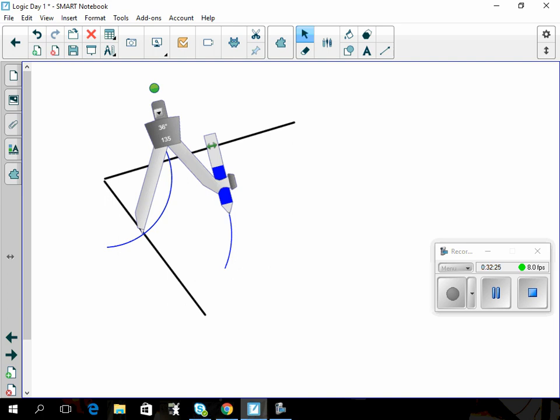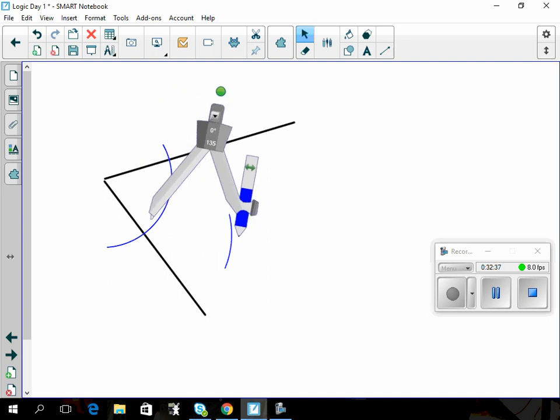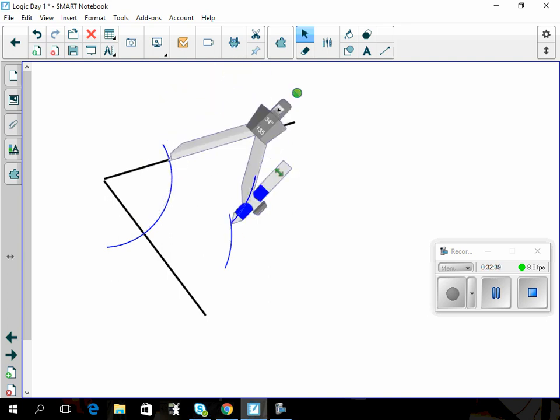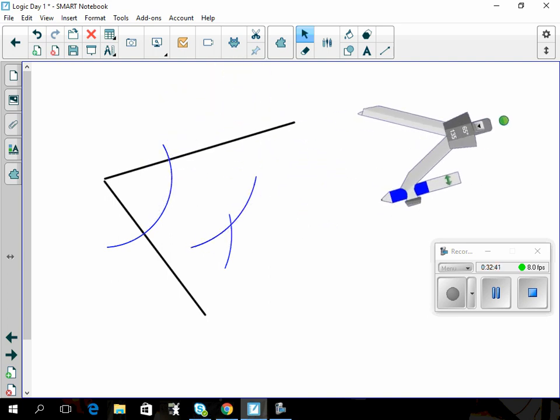So make your big arc first that crosses both sides of the angle, move your compass to the new point and make an arc, then move it to the other point and make an arc as well. The goal is to create an X, or a new point, out in the middle of your circle, and then it's simply connecting, and you've bisected the angle.